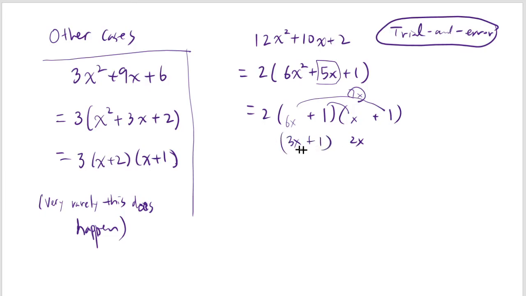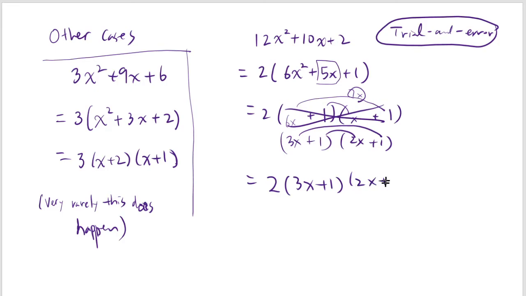But in this case, 3x plus 1 and 2x plus 1, 2x and 3x add up to 5x. So indeed, it does match. So this is no good, but this is good. So the final answer is 2 times 3x plus 1 times 2x plus 1. So this is just doing trial and error. And if the numbers are not too big, this is good enough. Often this is faster than trying to factor by grouping.